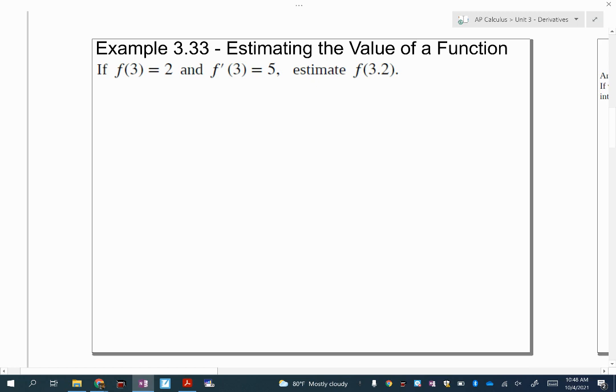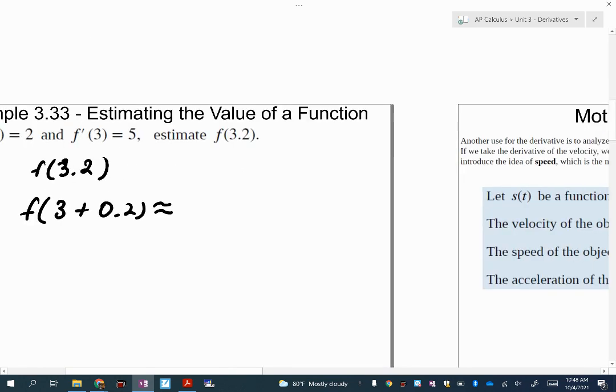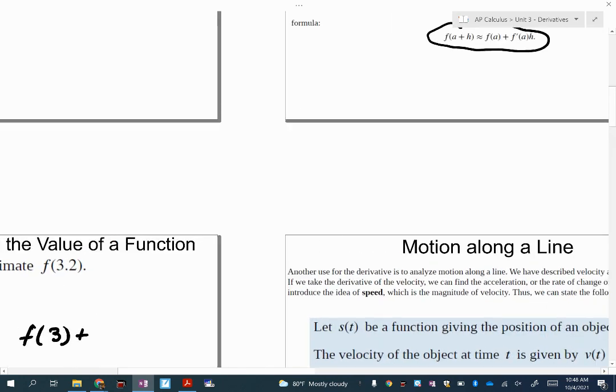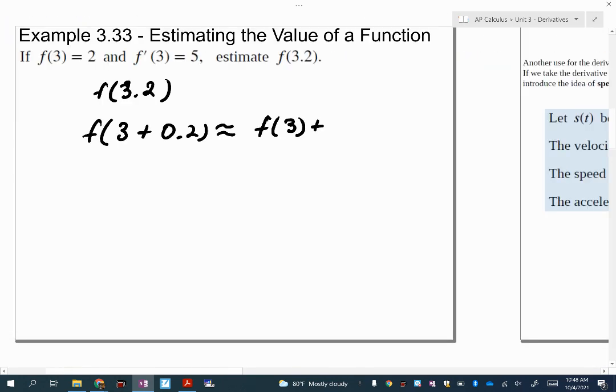We're going to approximate f of 3.2, which I'm going to write as f of 3 plus 0.2. So my h is that 0.2. Using that formula, we have f of 3 plus 0.2 times f prime of 3.